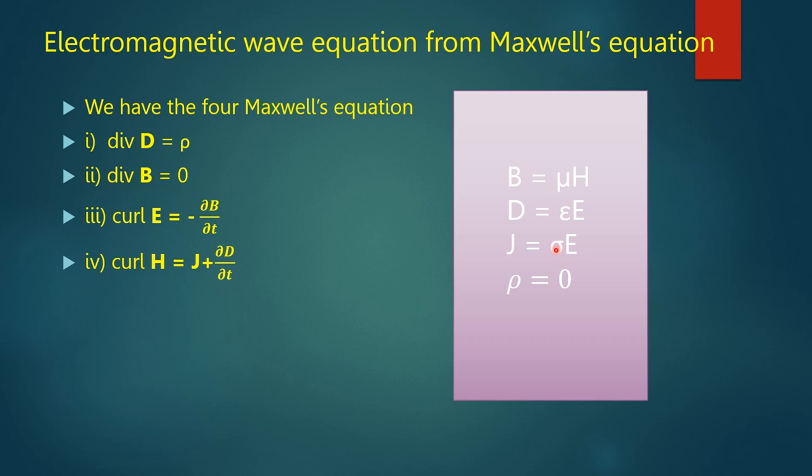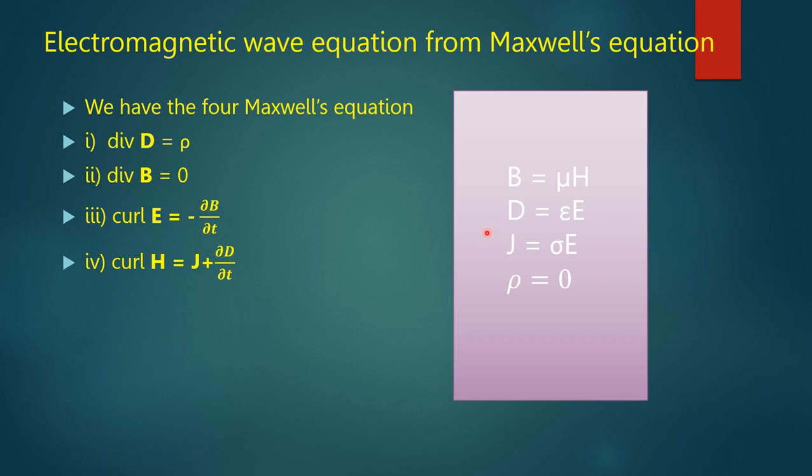To simplify the discussion, we assume that the medium is charge free, that is, charge density rho is equal to 0, and external current free, such that the currents existing in the medium are induced only by the electromagnetic wave itself. Thus, we take J is equal to sigma E.